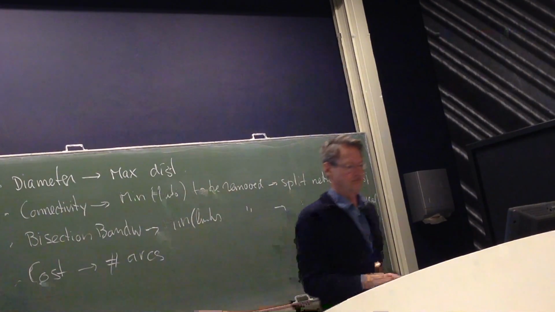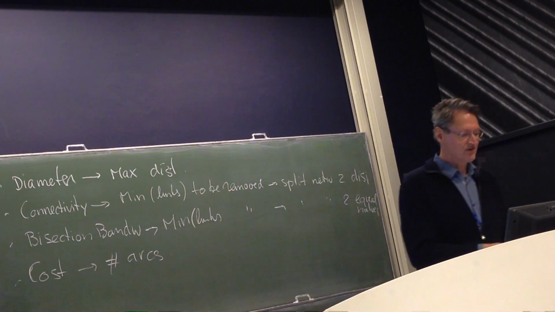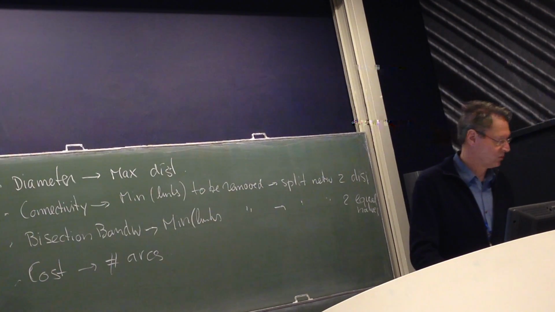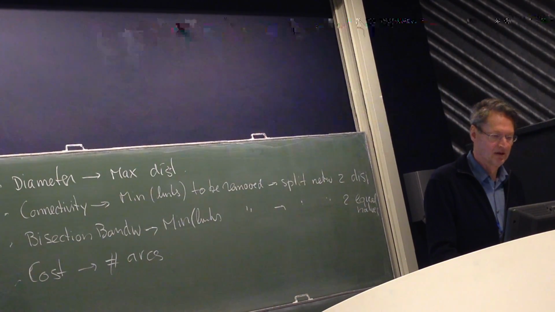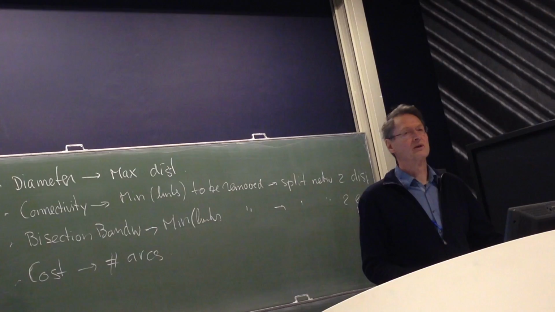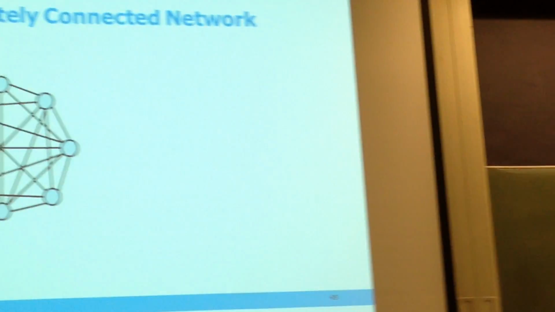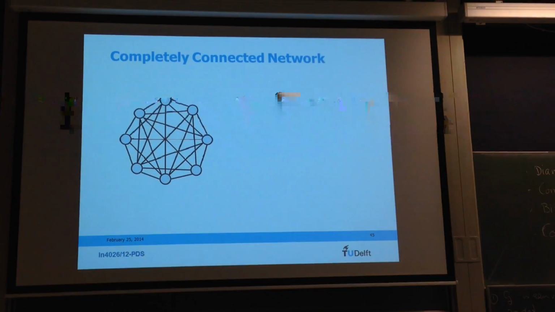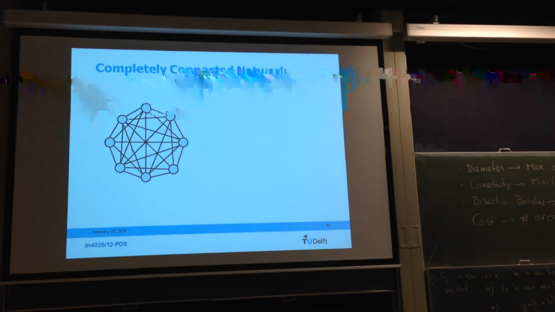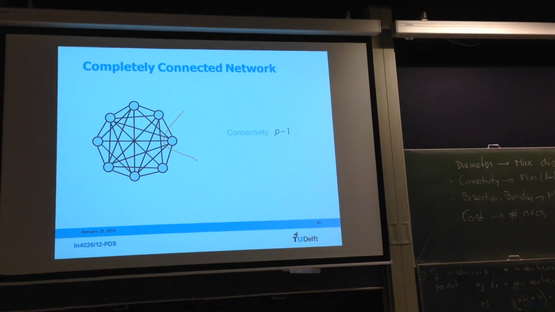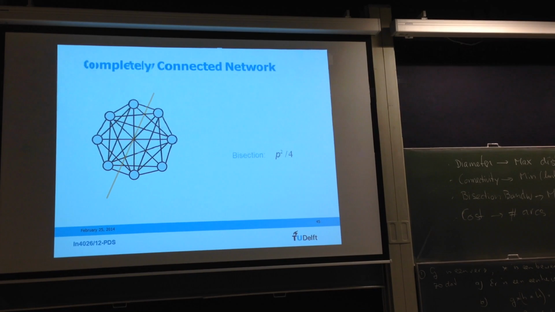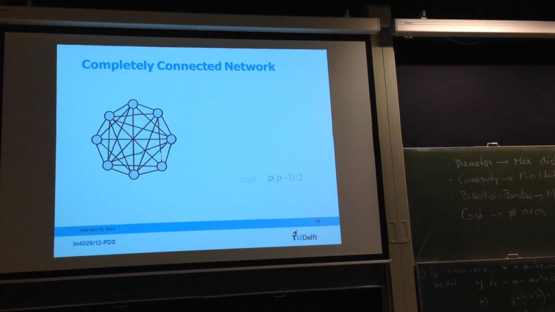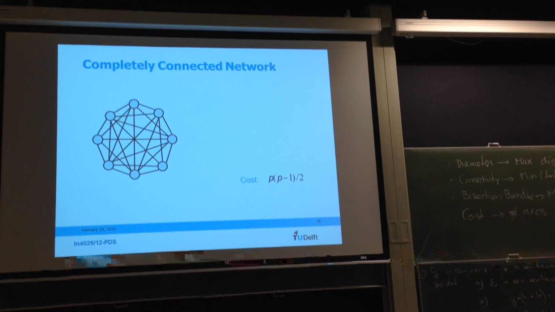Right? So we did an exercise on one, this completely connected network, to see what kind of parameters there are for this network, and we came for the diameter, connectivity, and the bisection, and the number of arcs to these kind of equations.